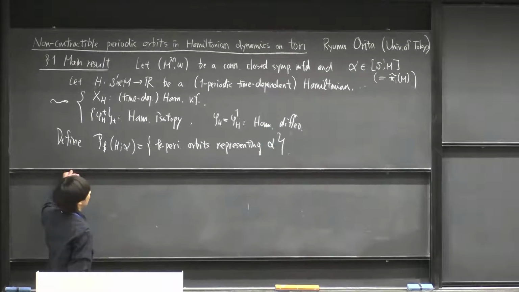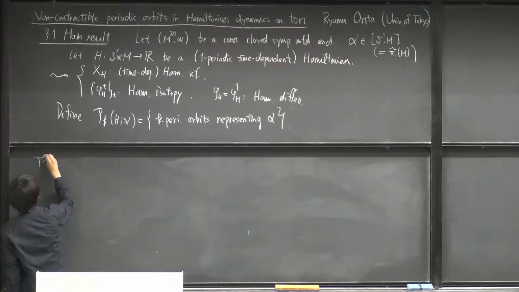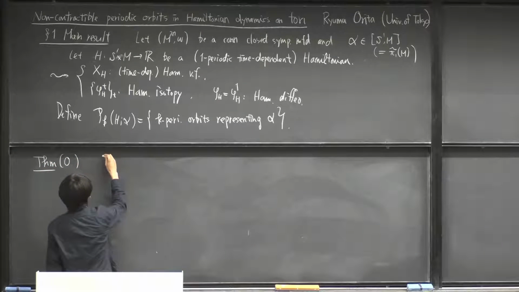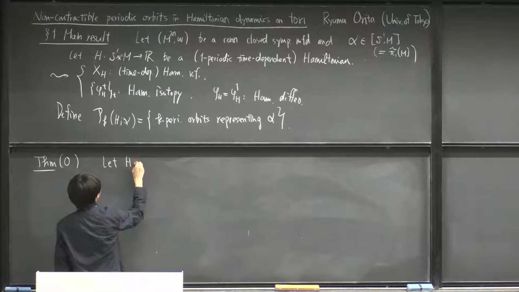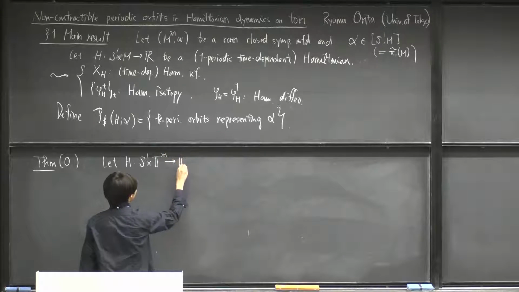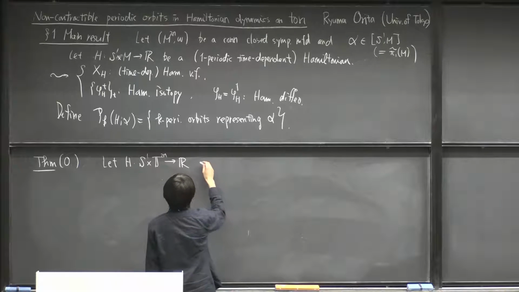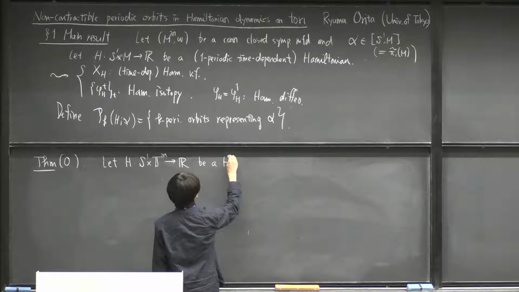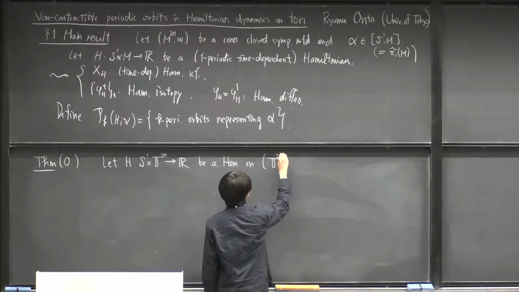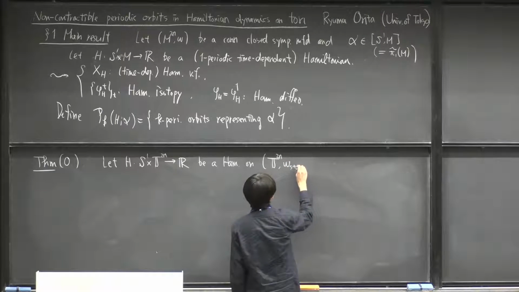Then now I can state my main theorem. Let H be a time-dependent Hamiltonian function on the 2n-dimensional torus. Here we equip the torus with the standard symplectic form.